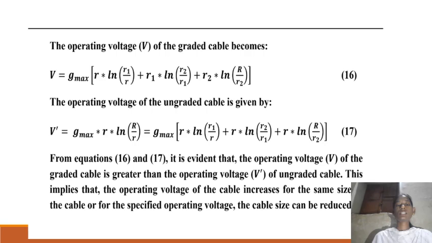It is evident that the operating voltage V of the graded cable is greater than the operating voltage of the ungraded cable. This implies that the operating voltage of the cable increases for the same size of cable, or for the specified operating voltage, the cable size can be reduced.